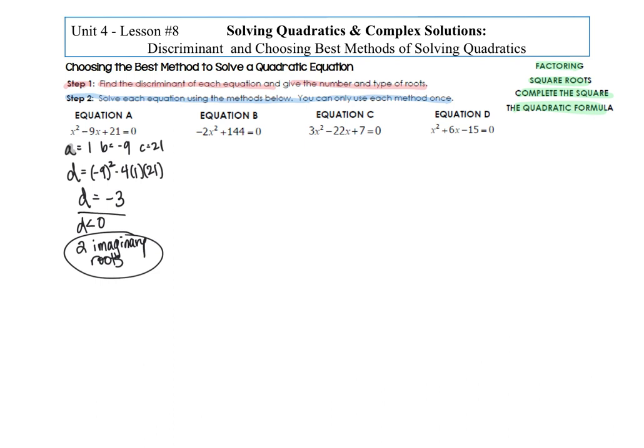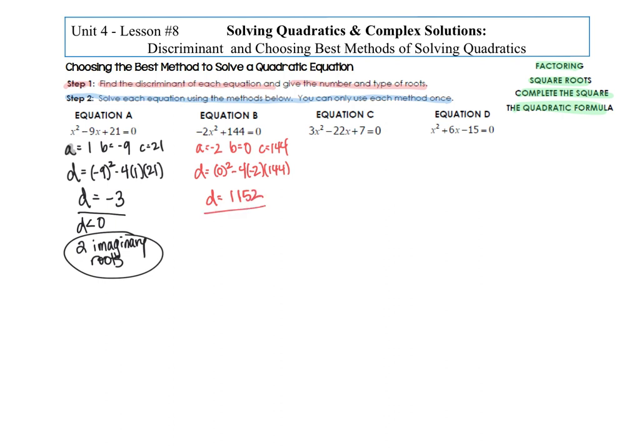Let's go on to equation B and find its discriminant. Our A value is negative 2, our B value is 0 because there is no x term, and our C value is 144. Again, the discriminant is B squared minus 4AC, so we have 0 squared minus 4 times negative 2 times 144. Our discriminant is 1,152.